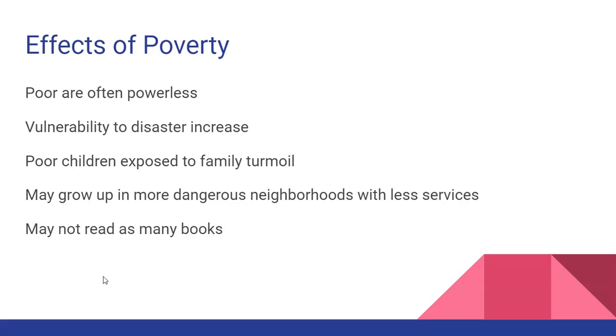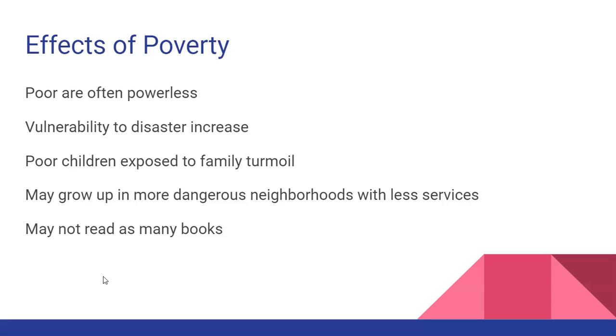There are effects of poverty, and a lot of times the effects of poverty are negative. So, for example, children that are poor may be more likely to be exposed to families that have issues. They may be around parents or guardians that may fight a lot, or there might be a lot of chaos in the home.